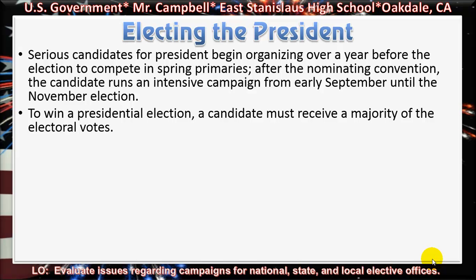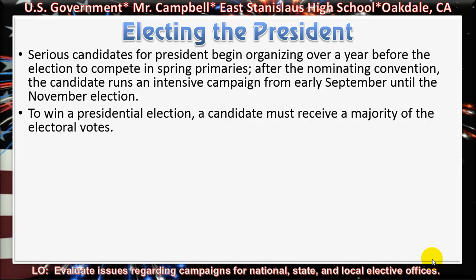Some states are pretty much solid one way or the other. For example, most of the southern United States are now what we would call red states. We know that they're going to go to the Republican candidate, almost without question. And that's with most of the southern states. Now, there was a point in time where those states used to be solid blue, but that changed.